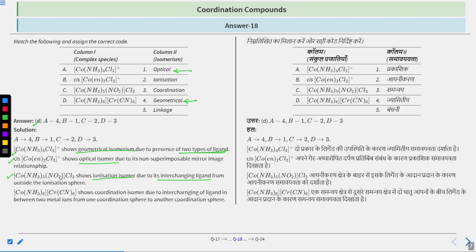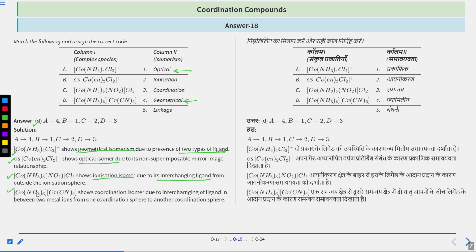Inside it, NO2 and ammonia are the ligands, and outside of it the chlorine is the anion. So basically, it will show ionization isomerism due to interchanging ligands. This NO2 can go outside the sphere, and the chlorine will come inside, and due to this property, the complex will show ionization isomerism.